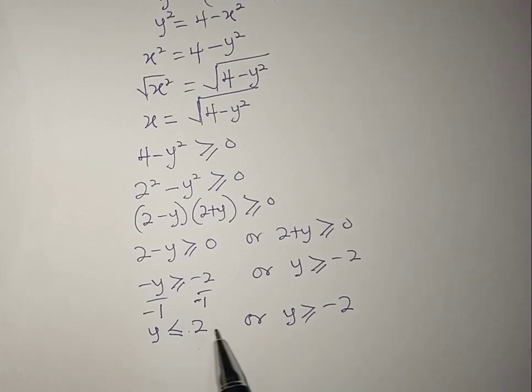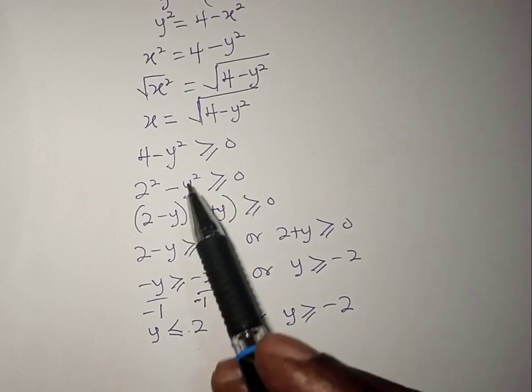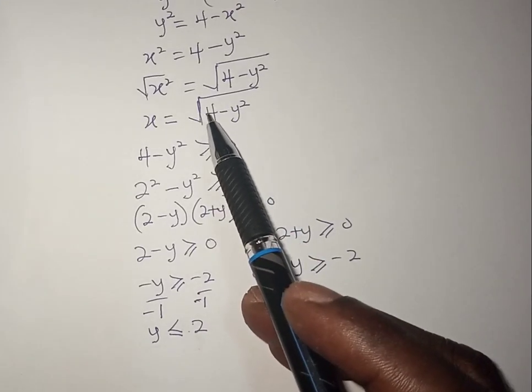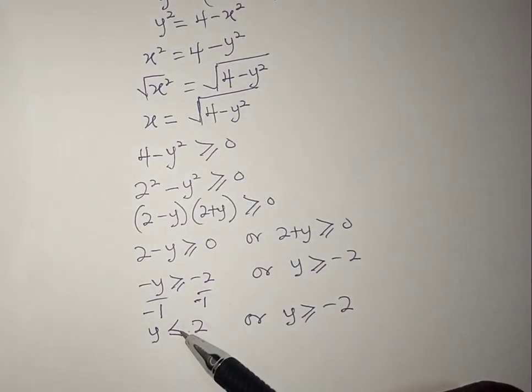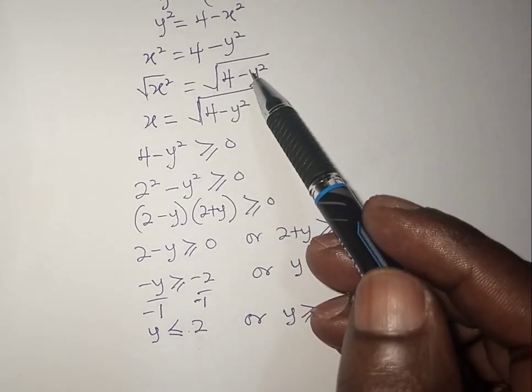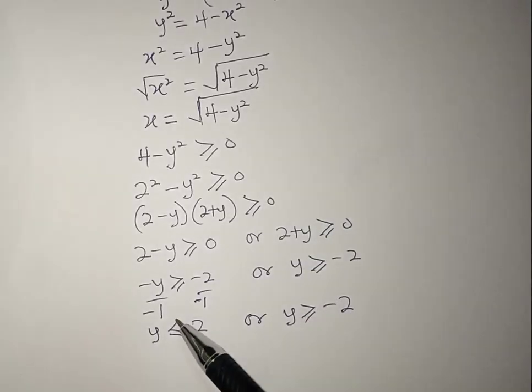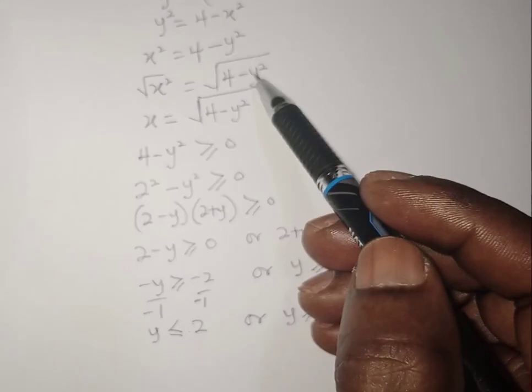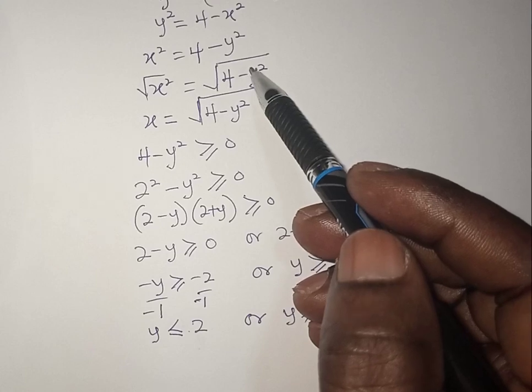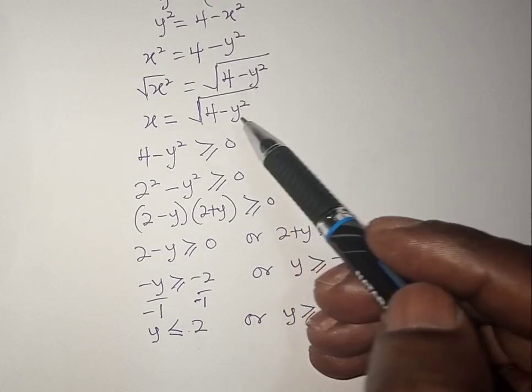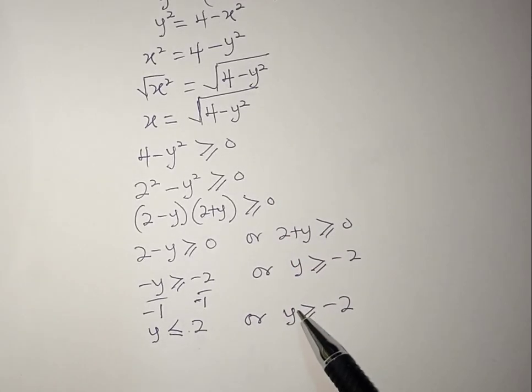In this case, if you test values that are less than or equal to 2 and substitute here, is it going to be defined? If I pick, let's say, 1, is it going to be defined? Yes. If I pick 0, is it going to be defined? Yes, it's going to be defined.